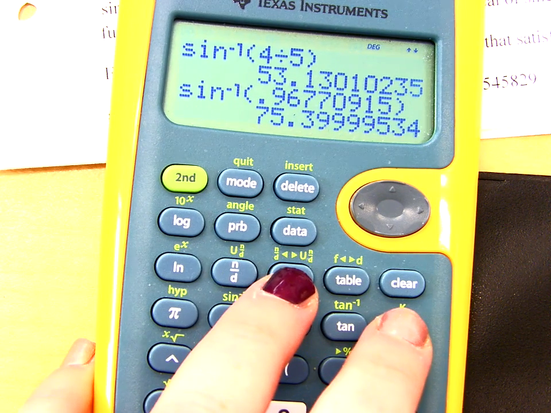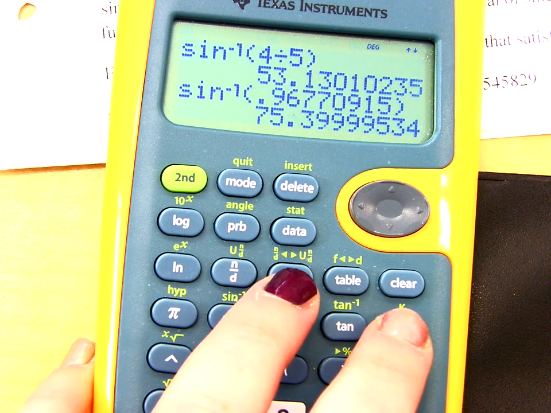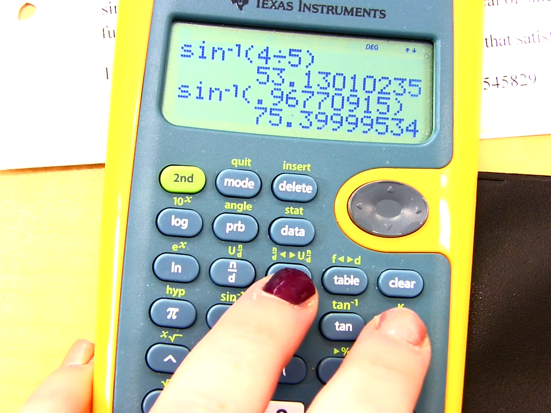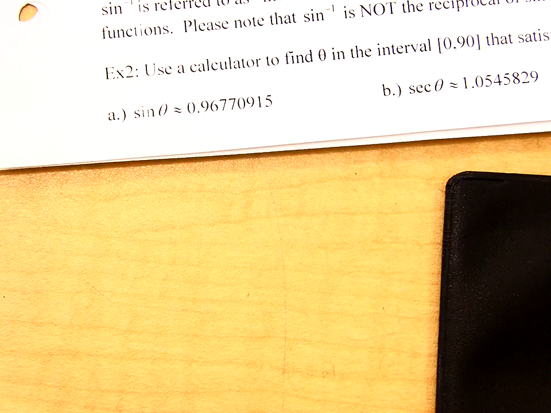So sine to the negative 1 is not the same as cosine. I actually don't know. Hold on. Griffin, I saw that. No, not the same.